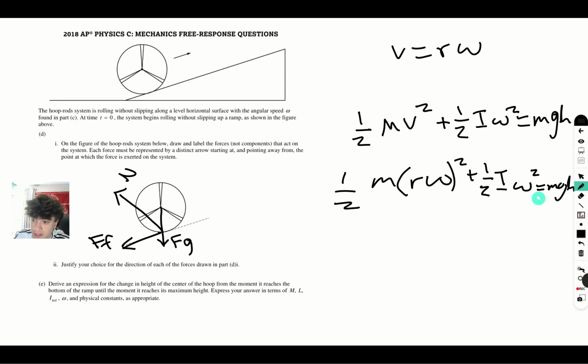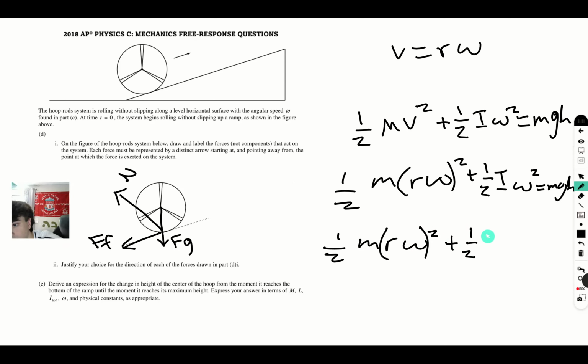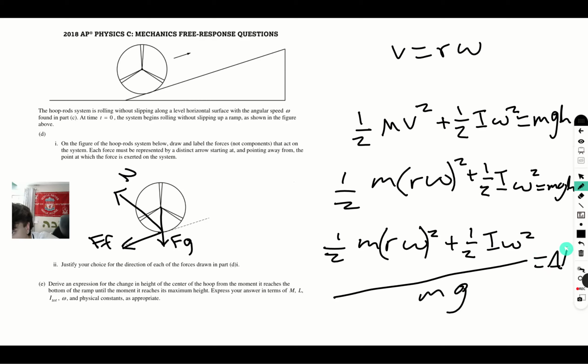And from here we can divide by mg in order to get our h. We'll get 1/2 m r omega squared plus 1/2 I omega squared, all over mg, is equal to the change in height. So there you have that.